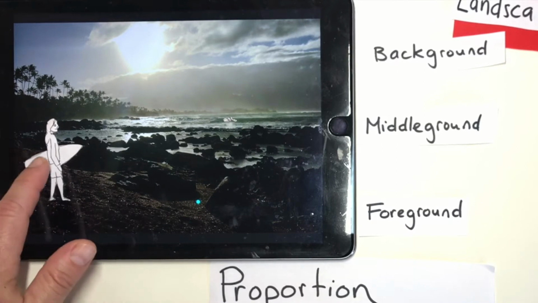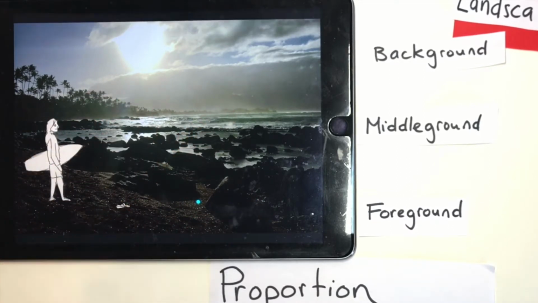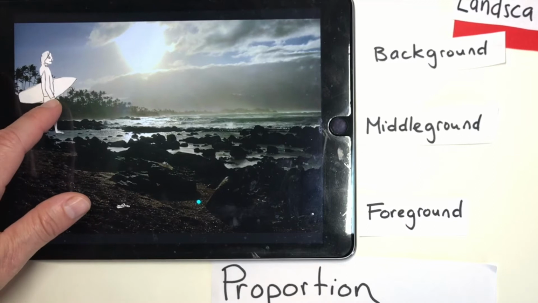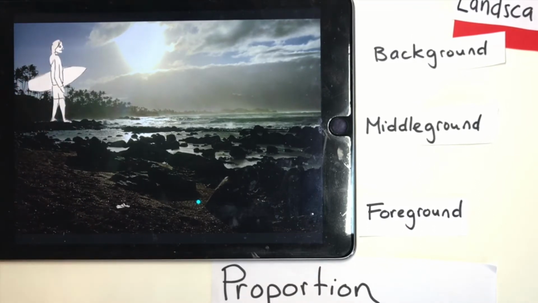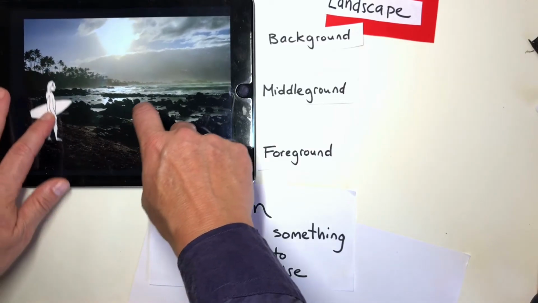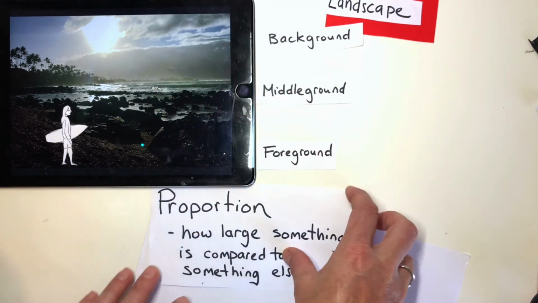If I change their positions, like this person came over here, it looks like, what's that, an ant or some trash that needs to be picked up off the beach? I'm not sure. If this person went over here, they'd look like we've got a giant person walking down through Sprecklesville, and that's not going to work either. So we want to pay attention to how big things are when we put them into the picture.